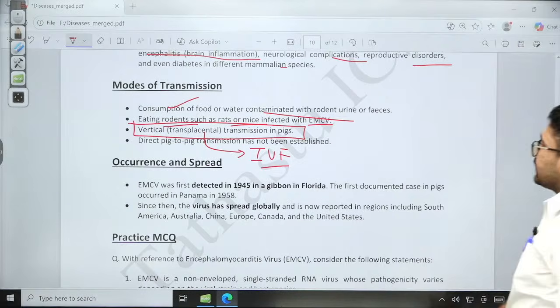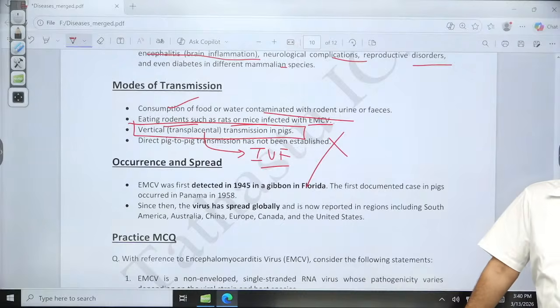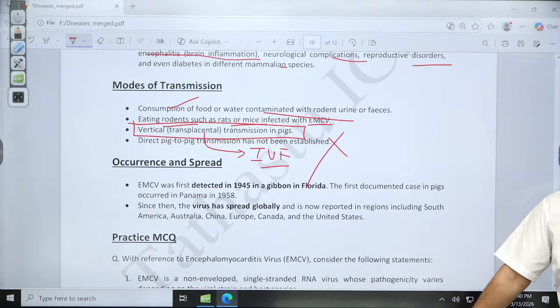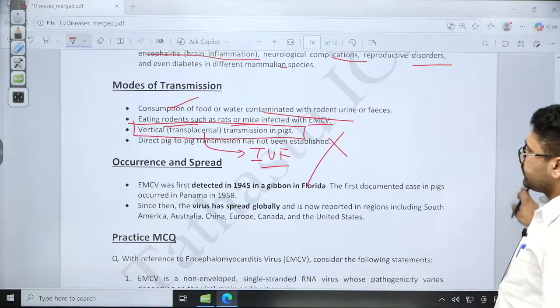Direct pig to pig transmission has not been established. So from one pig to another the virus may not be spreading, but during the transplantation of the zygote, or the fertilized egg, there is a possibility of EMCV infection.